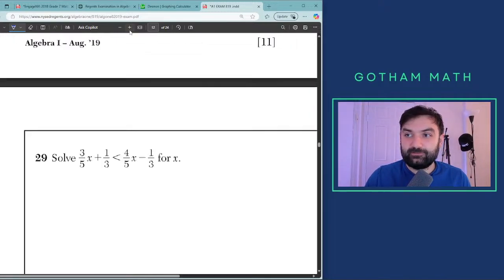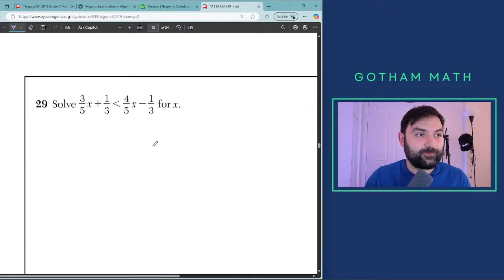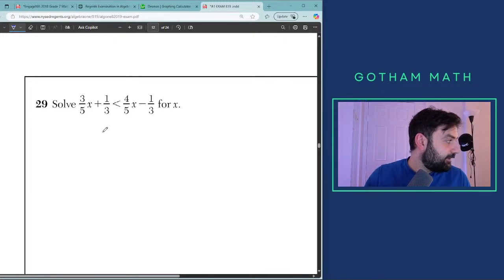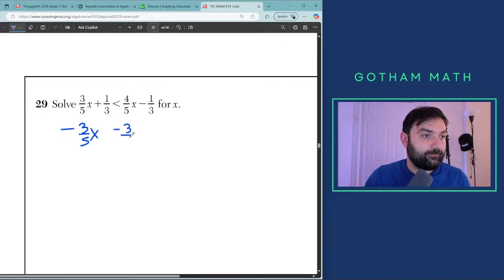We're not going to spend a lot of time on it. It's basically about moving things around here and there. So the first thing that we do is subtract 3/5 x from both sides, thus eliminating this 3/5 x.